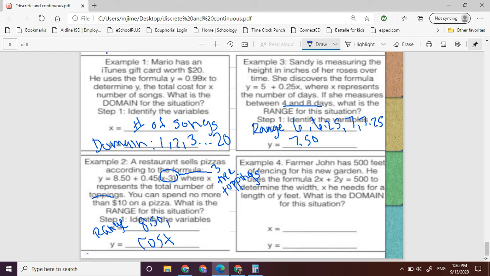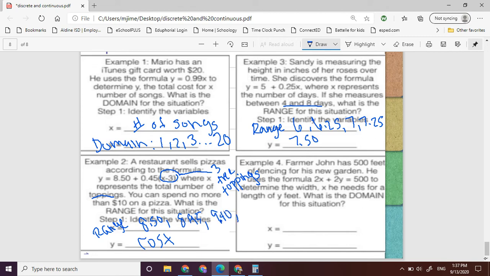Then we add 4 toppings, but we're really only getting charged for 1, so we add 45 cents to that. So that's $8.95. We do another topping. That's going to be 5 toppings, but I'm only getting charged for 2, so that's 90 cents. And that's going to be $9.40.